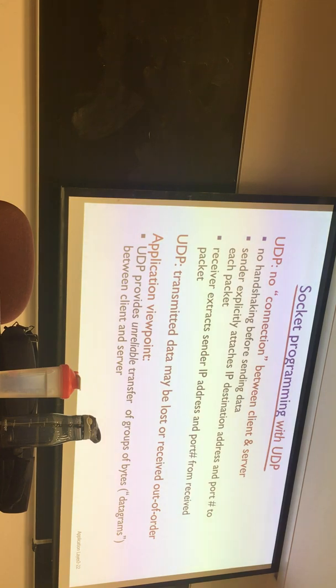This is another explanation of UDP from the perspective of a socket programmer. First, UDP has no connection between client and server. There is no handshake before sending data. What that means is, if I'm a process and I need to send a message to another process, I just need to know the IP address and the port number, and then I will start to send the package.